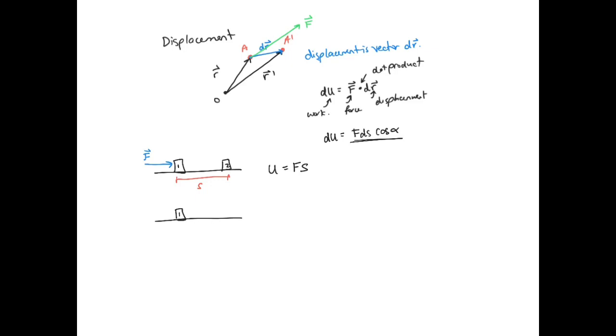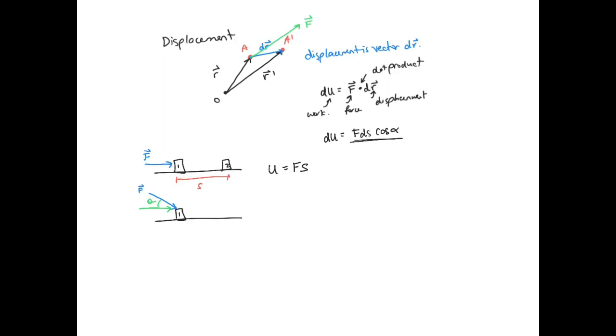But let's say you have the same block here, still moving along the table, but this time the force is coming in at an angle. What we're saying here is that it's only the force that moves in the direction of motion that counts. So in this case, we only care about the component of the force that's along the path of motion. We can call the angle theta, and that component would be equal to F cos theta, right?